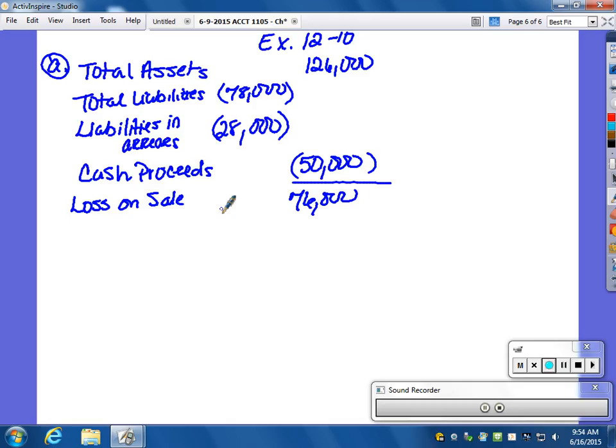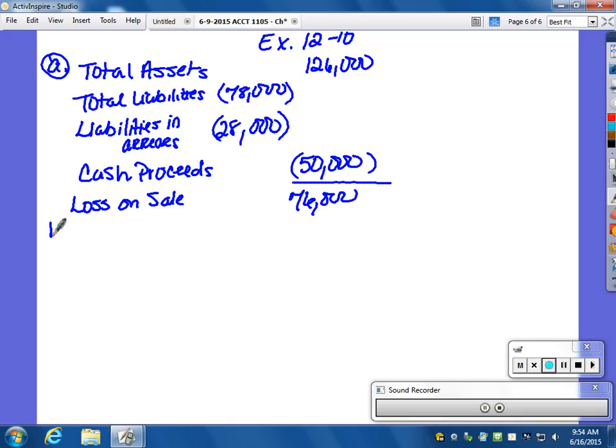So the total loss that they incurred was 76,000 because originally they were worth how much? 126,000. Now, hopefully we can move on.